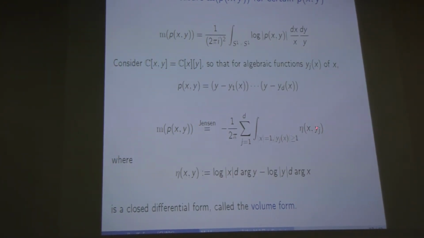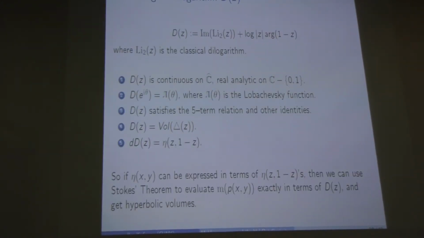this sum of integrals with eta of x, y_j. That eta is quite special. That eta is this gadget here, which is a closed differential form called the volume form. It's related to the Bloch-Wigner dilogarithm, D of z. Now, that dilogarithm is defined using the classical dilogarithm.